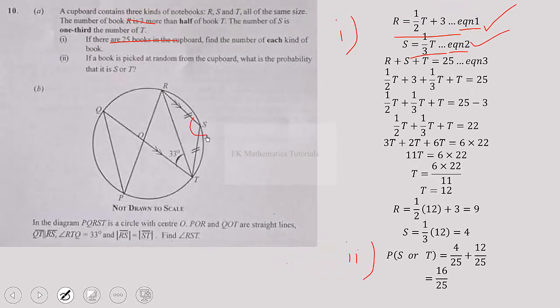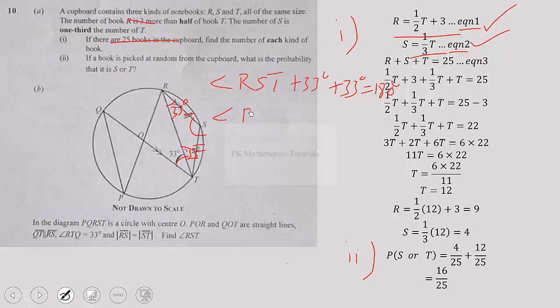Angle RST here. So this angle is alternate to this angle, so this angle will also be 33 degrees. And since this side is equal to this side, this angle will also be equal to 33 degrees, because the base angles of an isosceles triangle are equal. So angle RST plus 33 degrees plus another 33 degrees should be equal to 180 degrees.